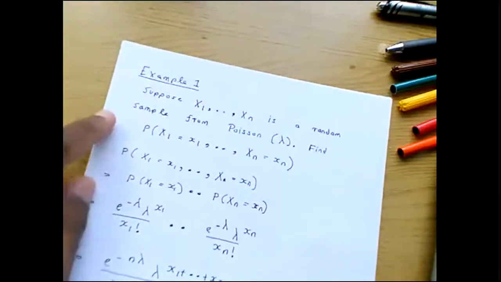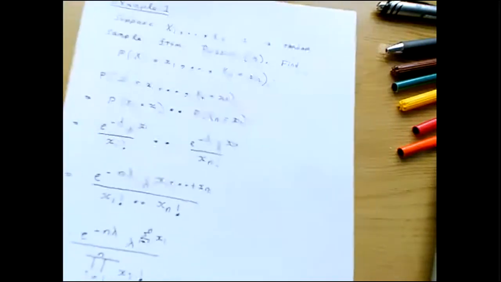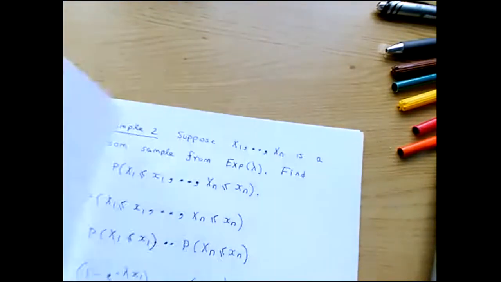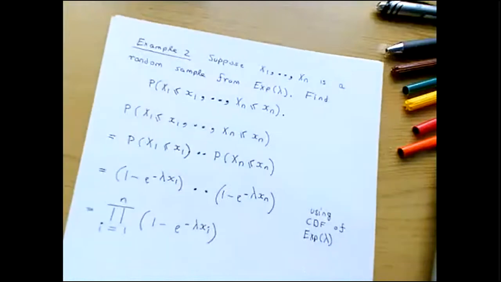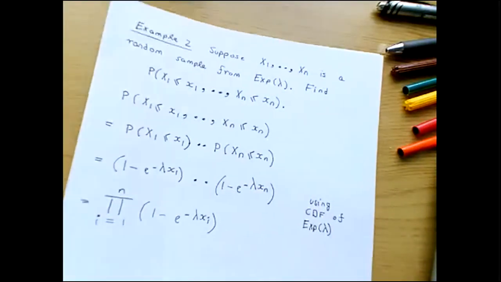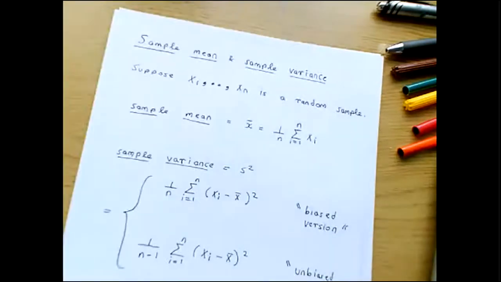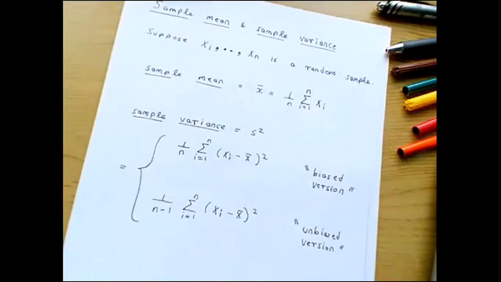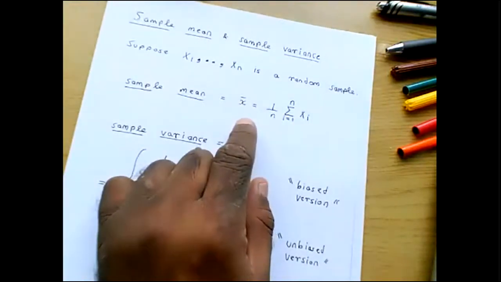This is a first example on a random sample that I did in the video, and this is the second example on a random sample I did in the video, right? Okay, and then I talked about sample mean and sample variance. The sample mean is defined by this, right?